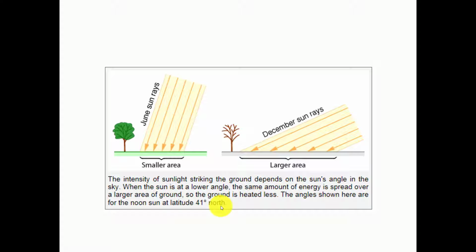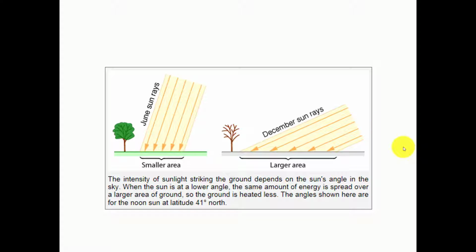And so the June sun rays are shown at this representative angle, and they are representing this area, which is in contrast to the one on the right, a smaller area, because in December, the Northern Hemisphere has a relationship with the sun where the sun's rays are at a lower angle. And so each of these diagrams has the same number of arrows, 5, but you can see that that same amount of energy is spread out over a larger area.